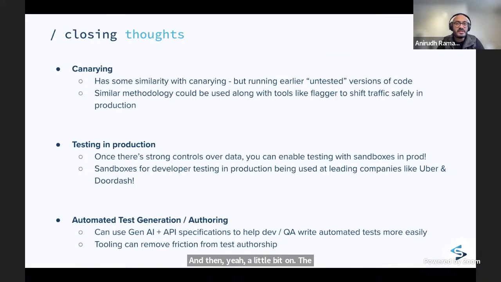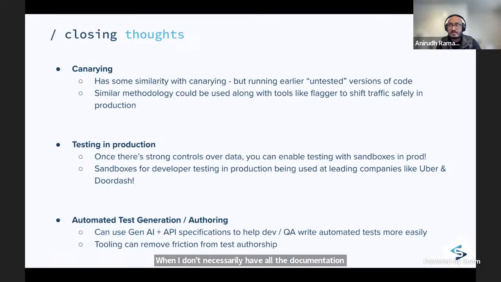And then, a little bit on the automated testing portion. We talked a lot about exploratory testing. I think automated testing also plays a huge role here. One of the challenges that we've seen is actually in writing those tests. So knowing, how do I even know what behaviors to test, or how to write an API test when I don't necessarily have all the documentation and the payloads and so on.